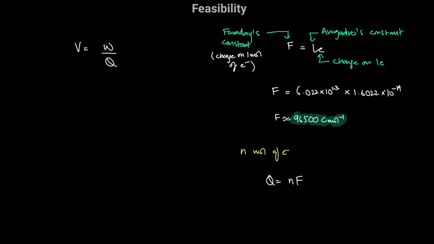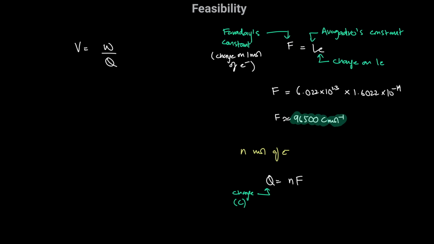If 1 mole of electrons has this much charge, then 2 moles would have 2 times this, and half a mole would be 0.5 times this, and so on. Here Q is charge in coulombs, n is the number of moles of electrons, and F is Faraday's constant.